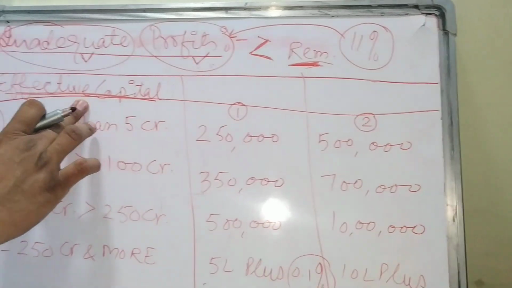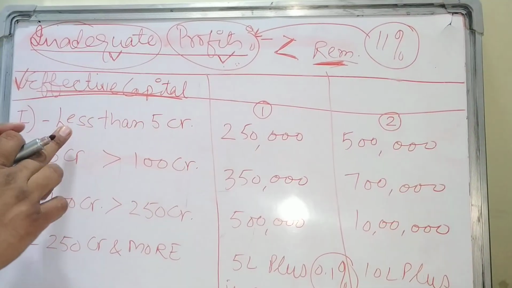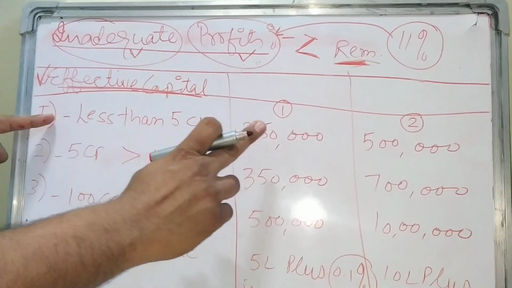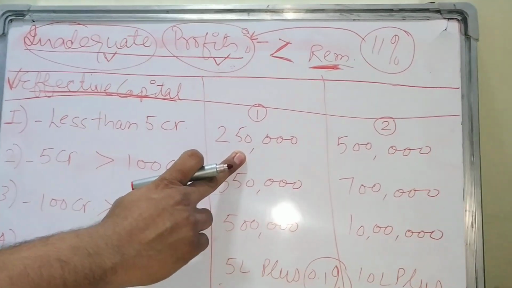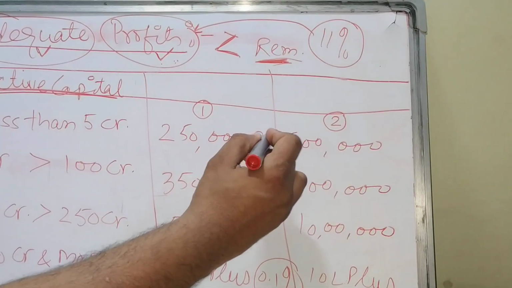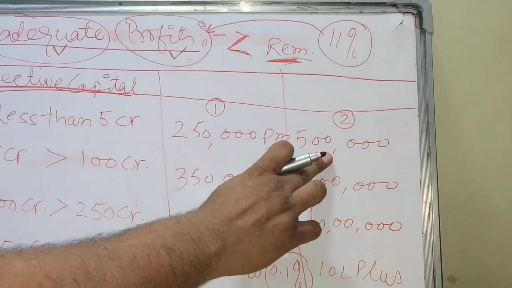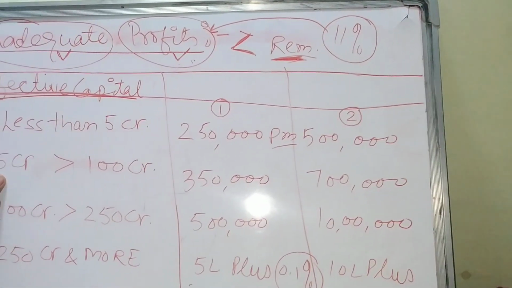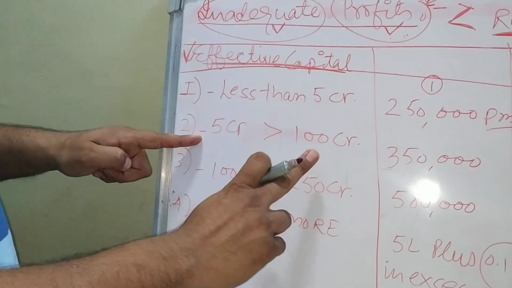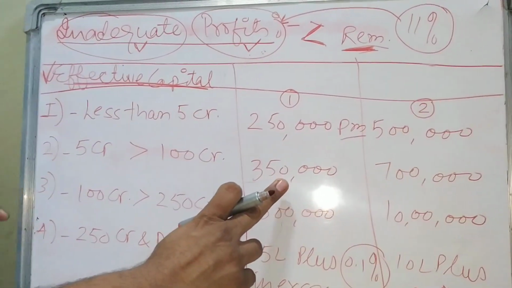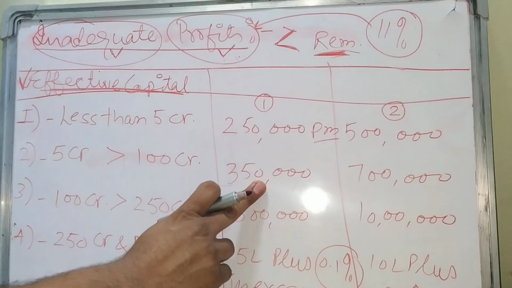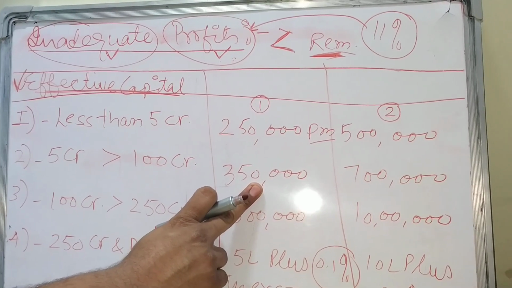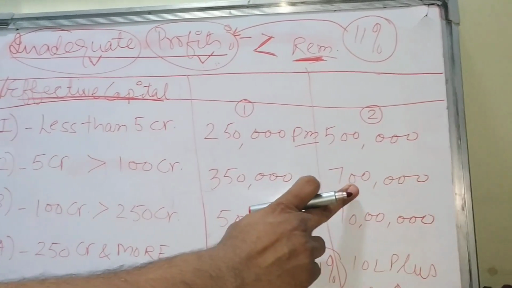If your effective capital is less than 5 crore, in the first case it will be 2,50,000 per month. Mind it, this is per month, and in the second case it would be 5 lakh. If your effective capital is more than 5 crore but less than 100 crore, in the first table your managers would get 3,50,000 per month, but in the second case 7 lakh.